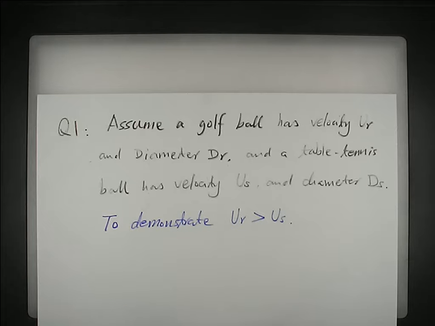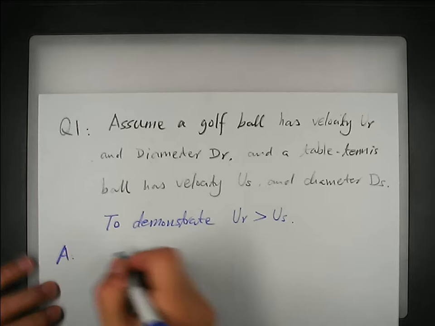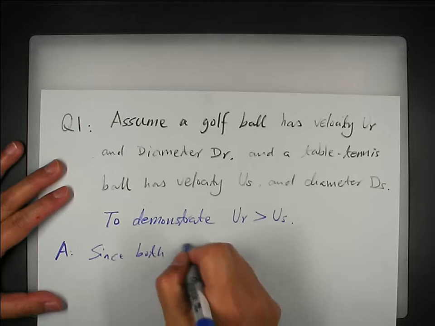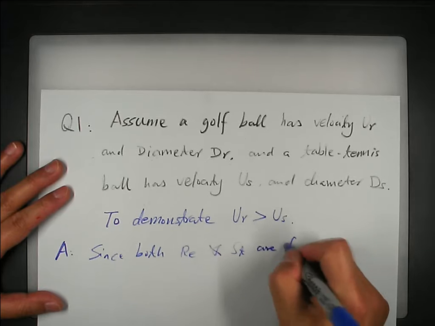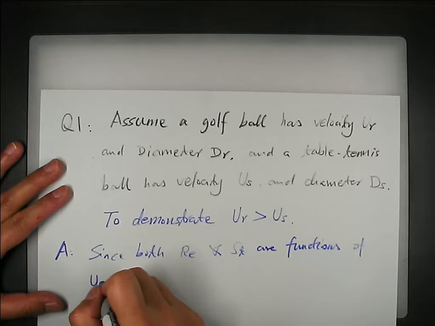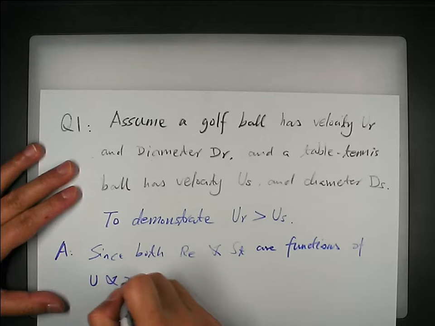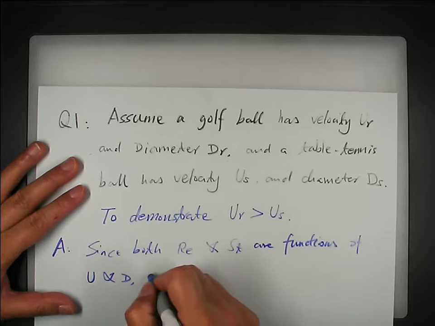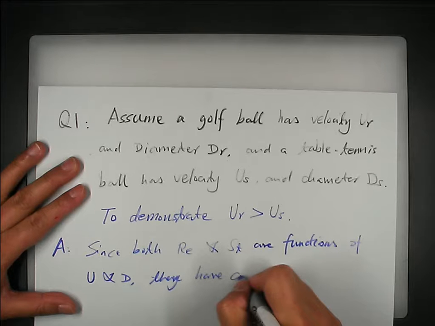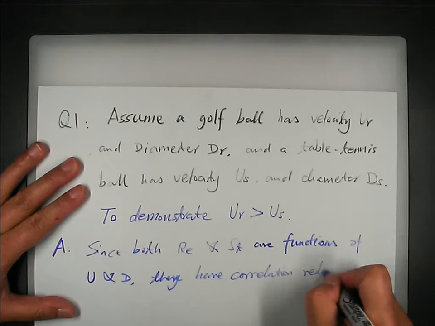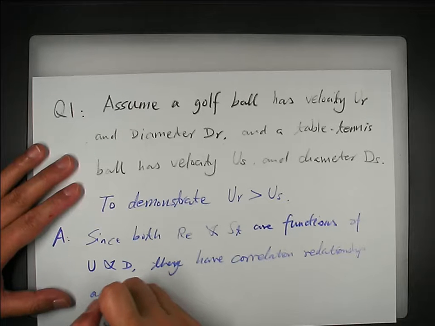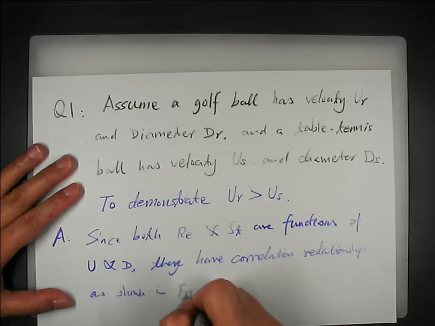First of all, you say, since both Reynolds number and Strouhal number are functions of velocity U and D, they have a relationship shown in the figure. You need to write a full description.